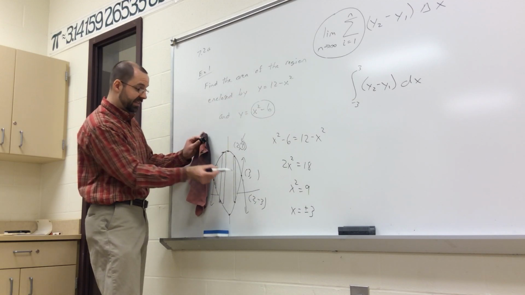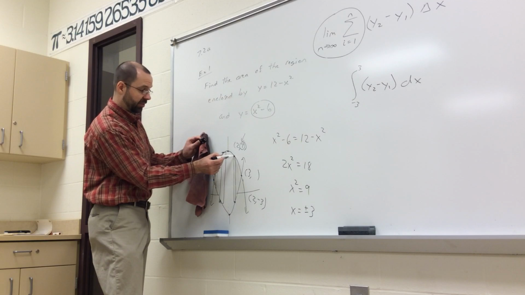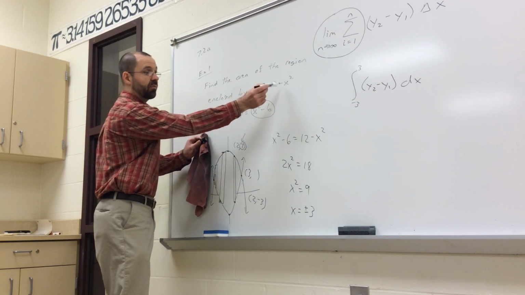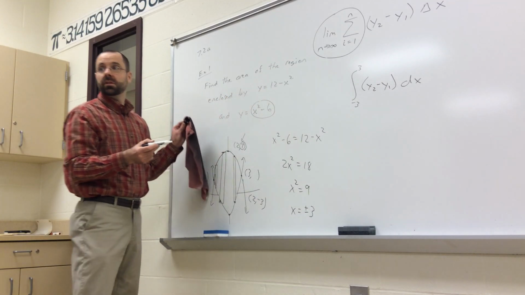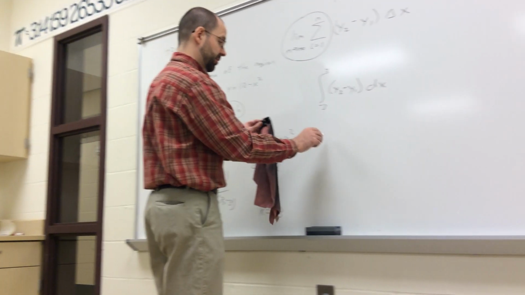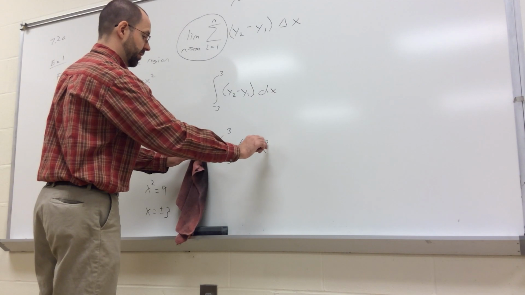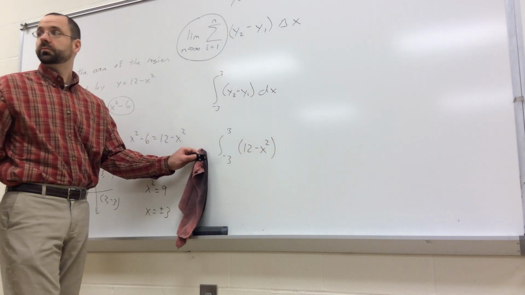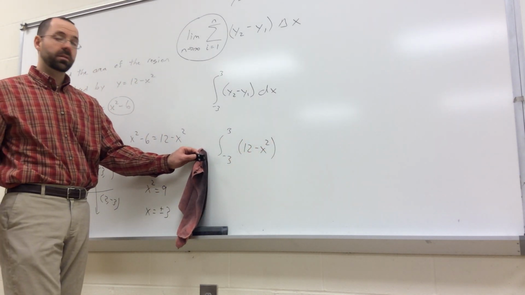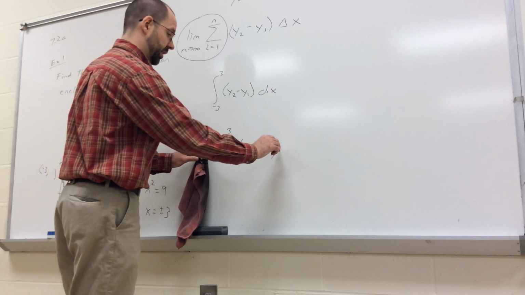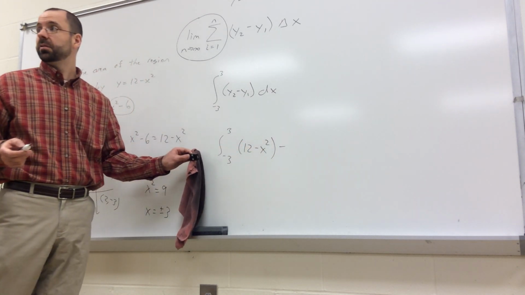Okay, so to get this y value, it equals 12 minus x squared. So I can replace that y value with 12 minus x squared. And then I need to minus the other y value.